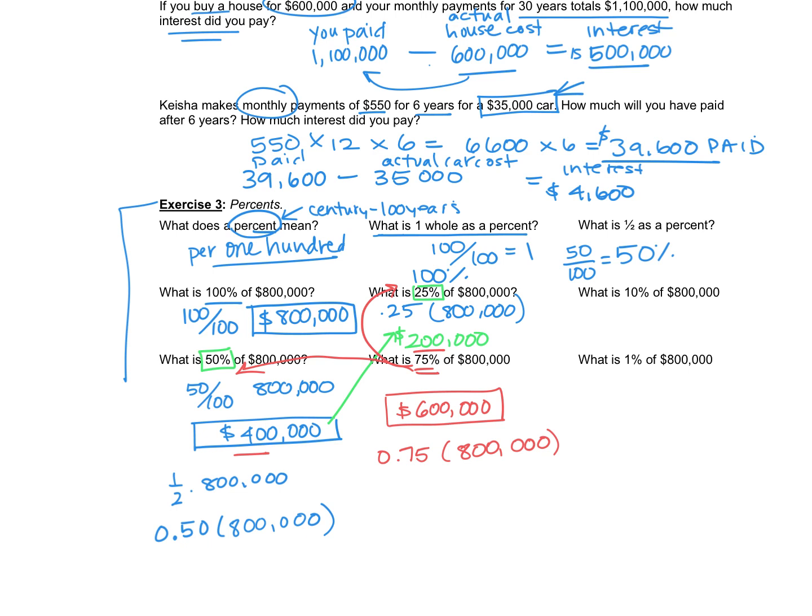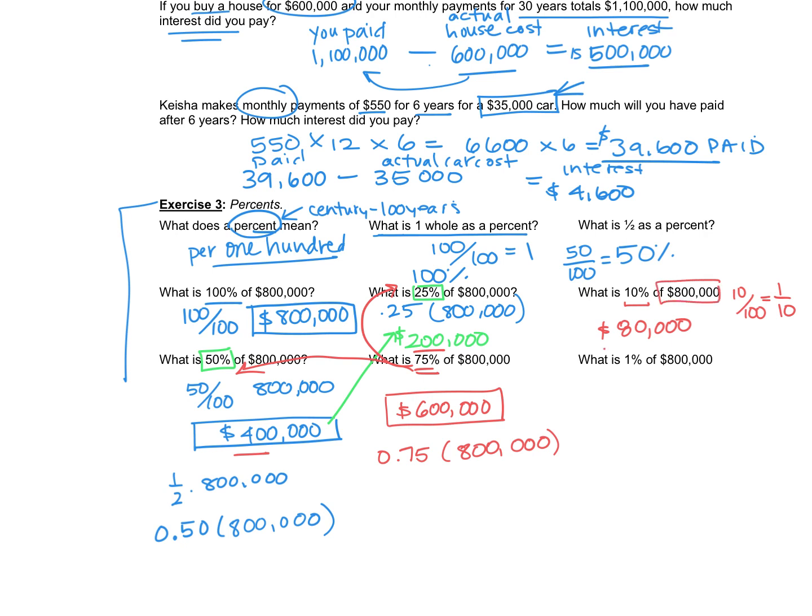Now 10% of 800,000, some of you guys are able to do that also in your head. 10% is really just moving our decimal place over, which would get us 80,000. Like you're dividing out by 10, because again, 10% is 10 out of 100, which is 1/10. So we're taking 1/10 of that 800,000, which is equivalent to $80,000.